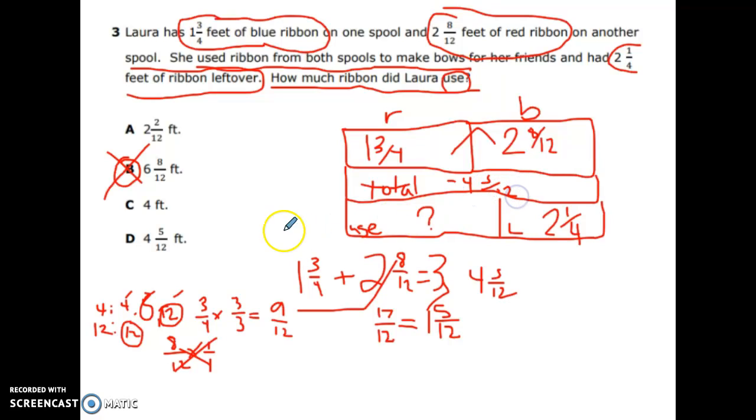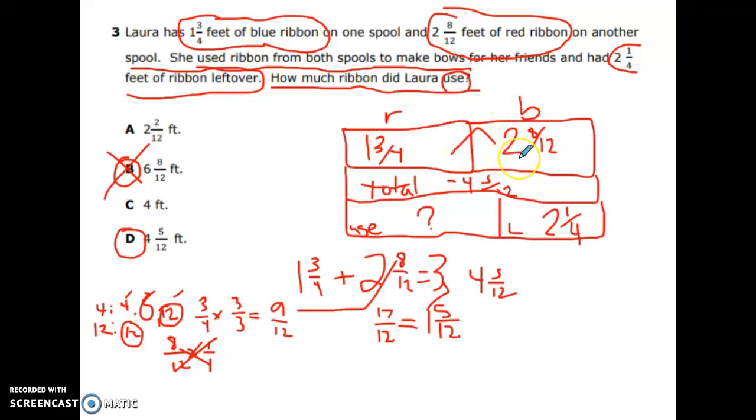Now, don't get too excited. You see D right there, 4 and 5 twelfths. If you picked that one, you stopped too early. All you did was add the red and blue ribbon together and probably got so excited that you saw your answer because you were probably a little tired at this point, and you got tricked because you didn't draw this strip diagram and go back and think, is that answering your question? 4 and 5 twelfths, is that how much ribbon she used?